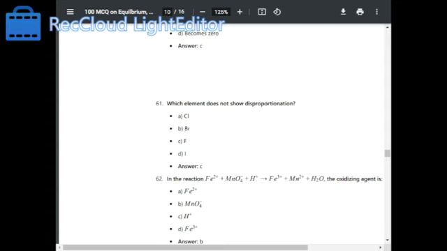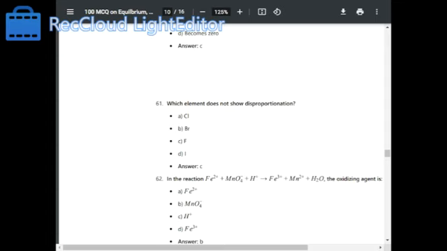Question number 62. In the reaction Fe2+ plus MnO4- plus H+ gives Fe3+ plus Mn2+ plus H2O, the oxidizing agent is option A, Fe2+, option B, MnO4-, option C, H+, option D, Fe3+.